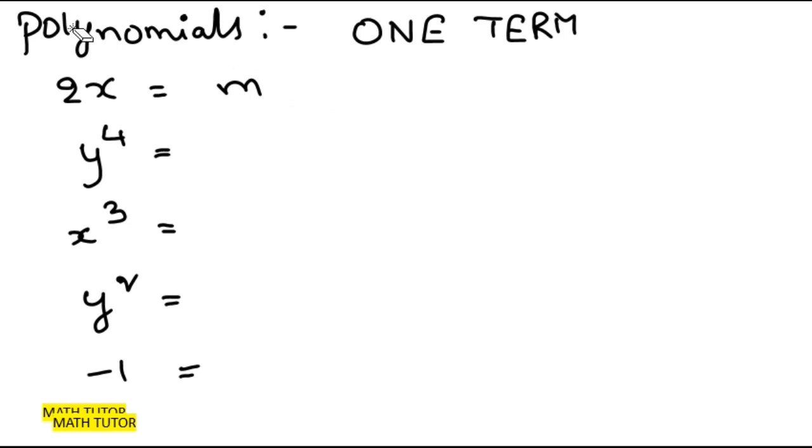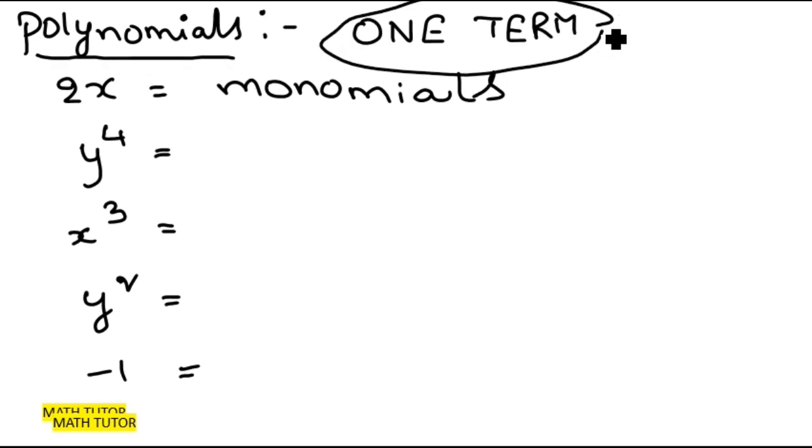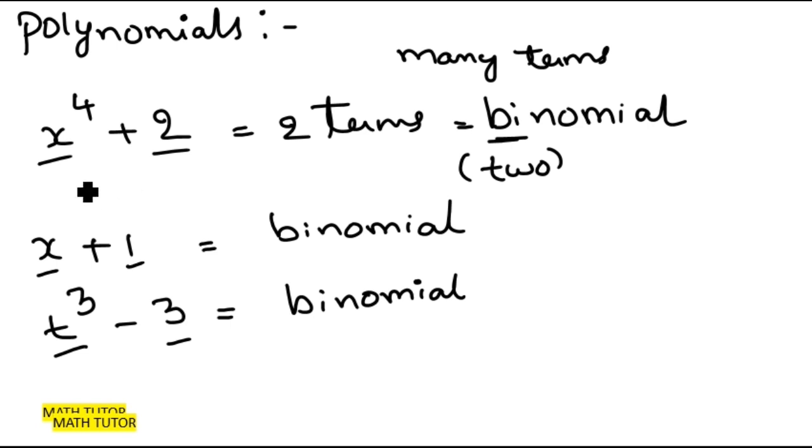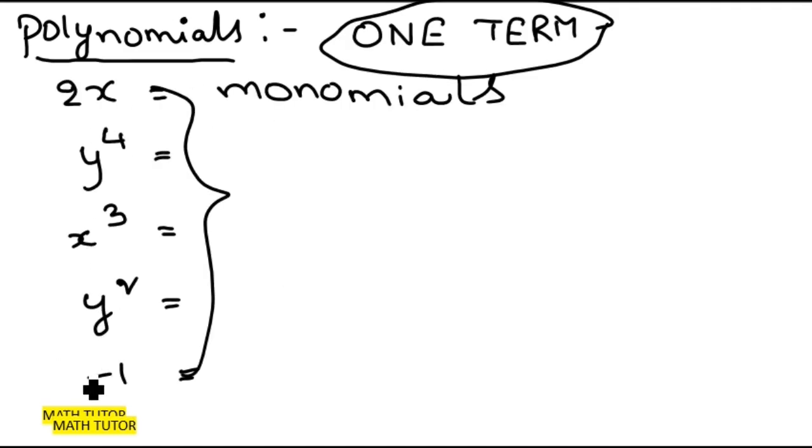Sorry, I wrote the spelling wrong. M-O-N-O-M-I-A-L. Monomials are polynomials having only one term. Got it? In the earlier examples there are 2 terms, that's why they are called binomials. If there is only one term like this, then it is called a monomial, meaning 1.